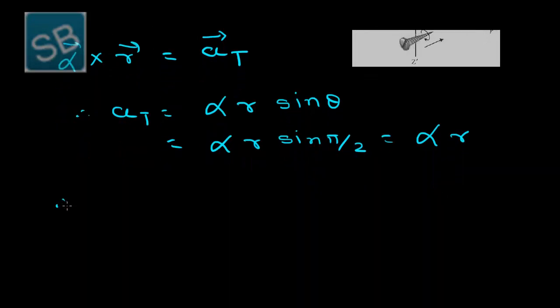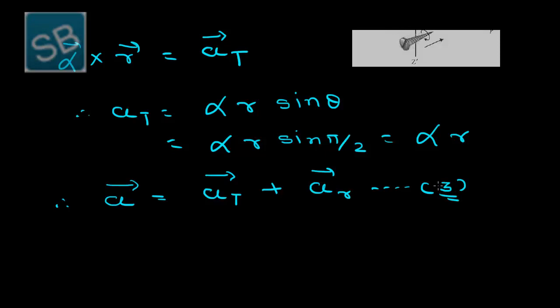Now the total linear acceleration can be written as a combination of its tangential component as well as its radial component. So here A is equal to AT plus AR.